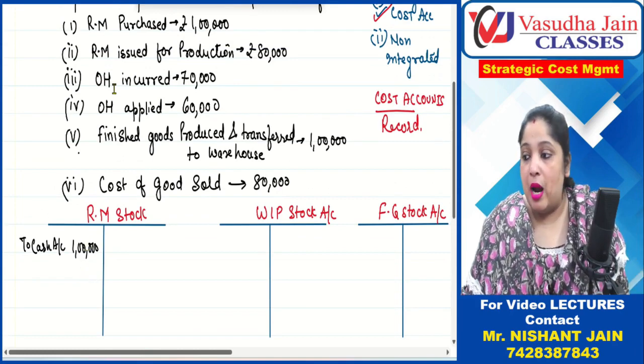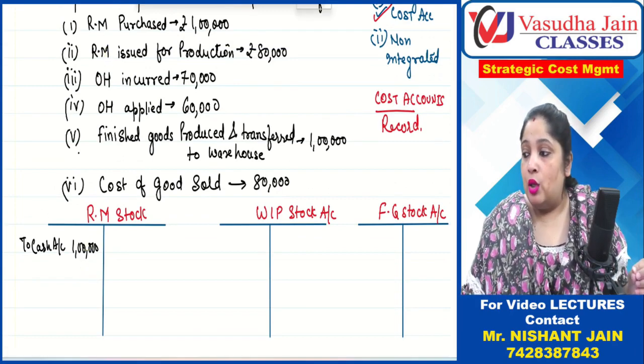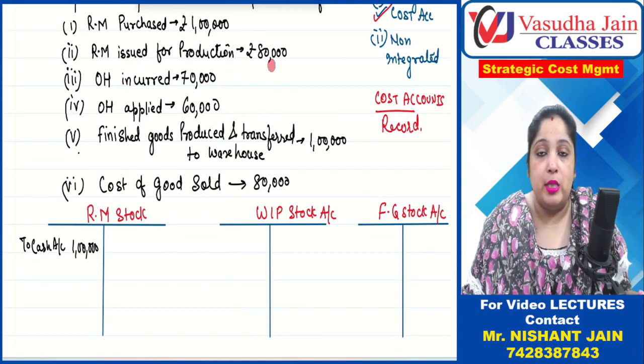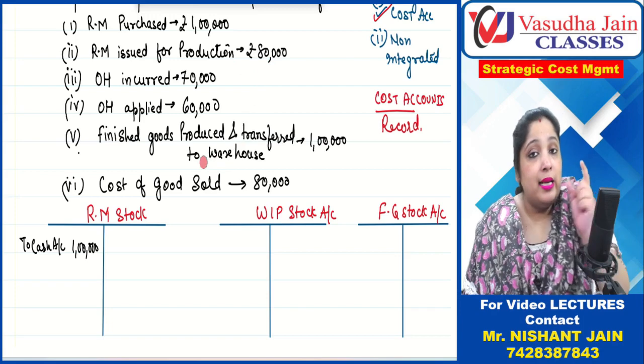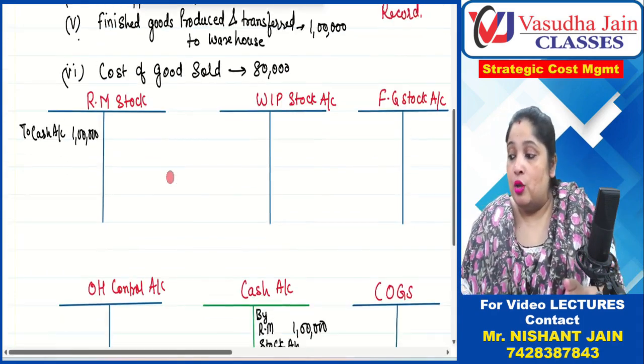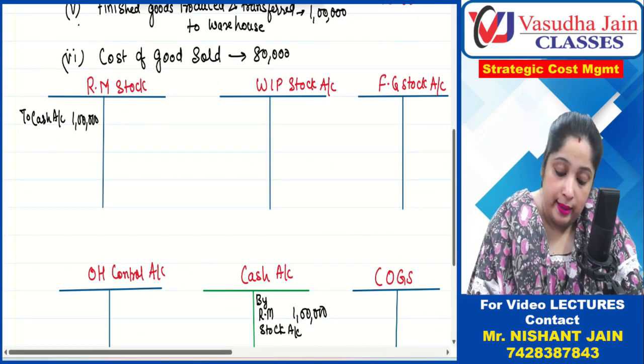No, in the month of March you have issued raw material for production worth 80,000 rupees. That means from the godown, there is a movement of stock to the factory where work in progress is taking place. So I am going to do the same movement here.